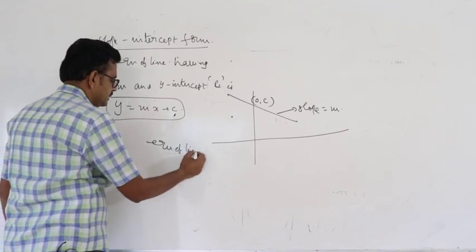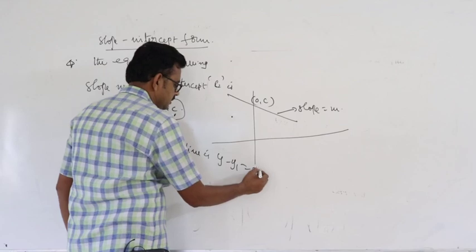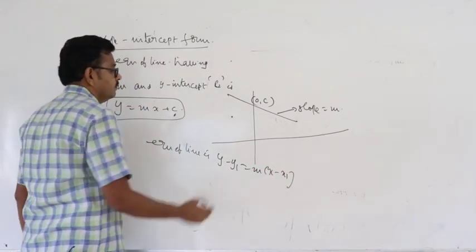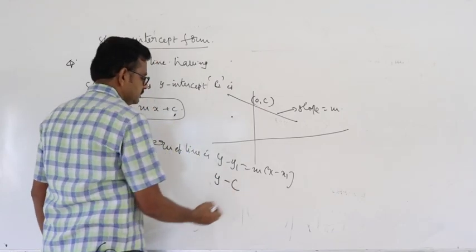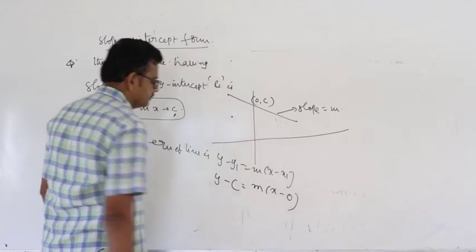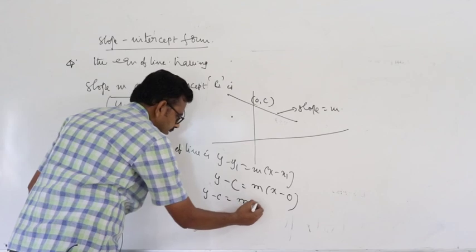equation of straight line is y minus y1 is equal to m into x minus x1. What is x1 and y1? 0 comma c. So y minus c is equal to m into x minus 0. So y minus c is equal to mx.